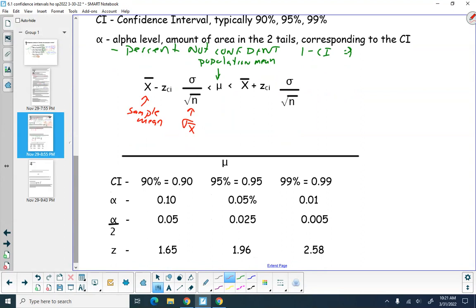Now at the bottom here, we have a table. The key things to pull out of this table are the 90% confidence interval, 95% confidence interval, and 99% confidence interval, and the z value that corresponds to each confidence interval.